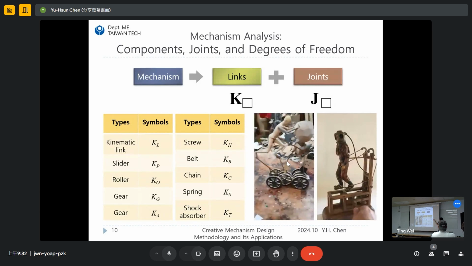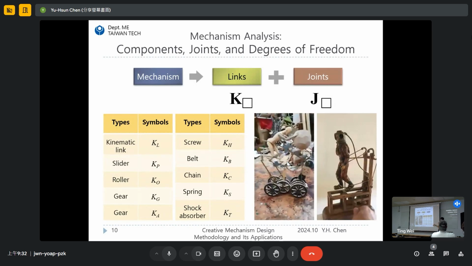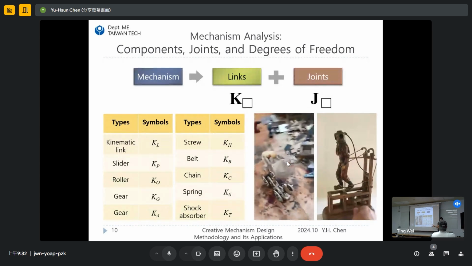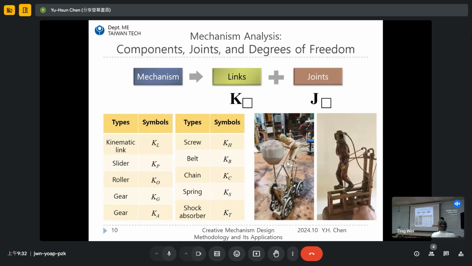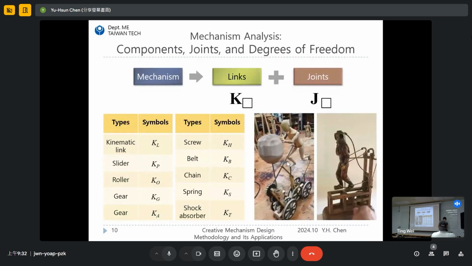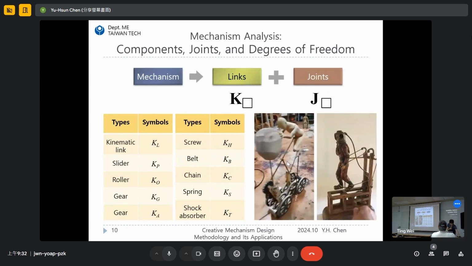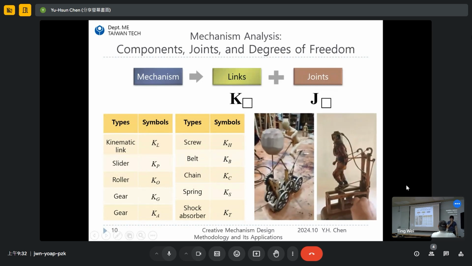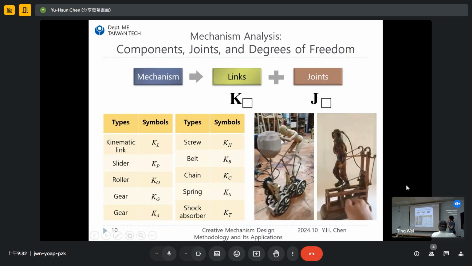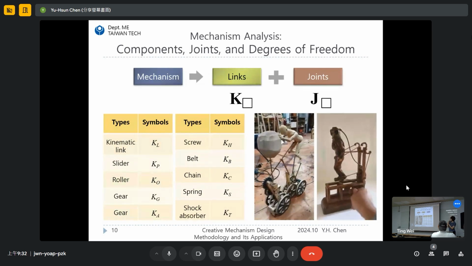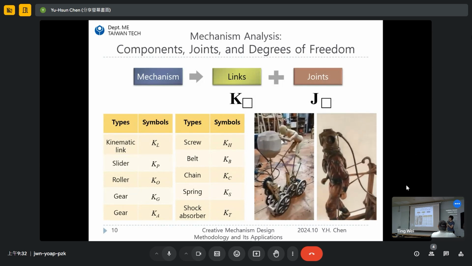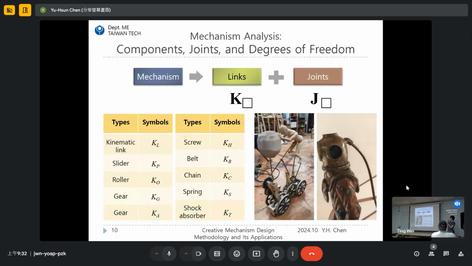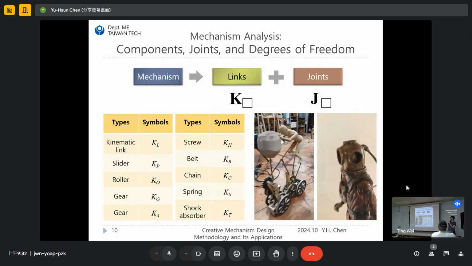I think over here is not all of the mechanism parts, but maybe the most widely used ones. And here, the other one is familiar, okay? Over here, we can still see the linkage. We can say, oh, this automata generates the motion by a linkage mechanism.